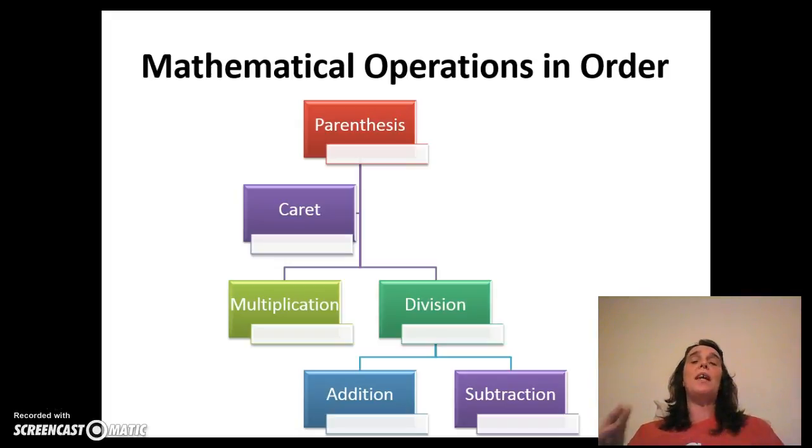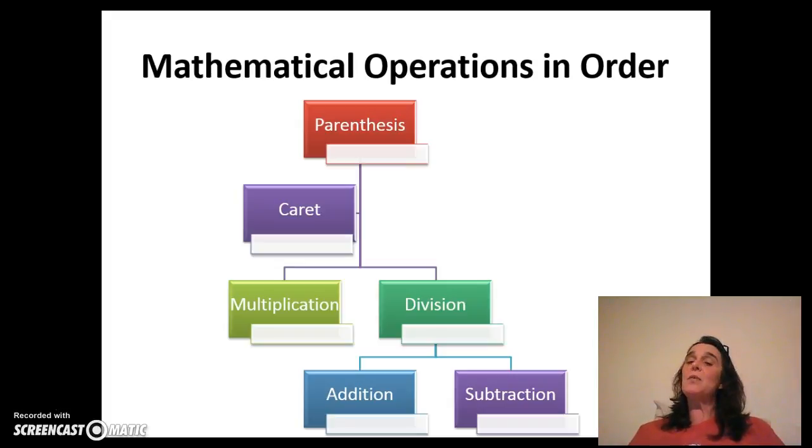So when we are working on order of operations, we work inside the parentheses first. Once our parentheses are cleared, then any carets or exponents that we have, we work on those. Then we do multiplication and division. Multiplication and division are equal, so we do them from left to right.